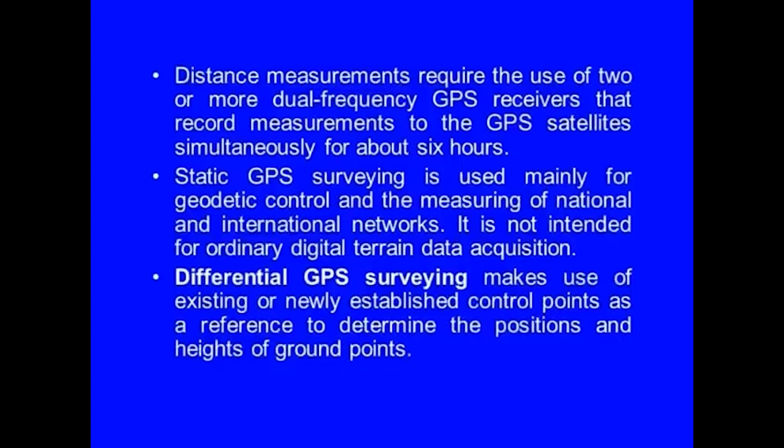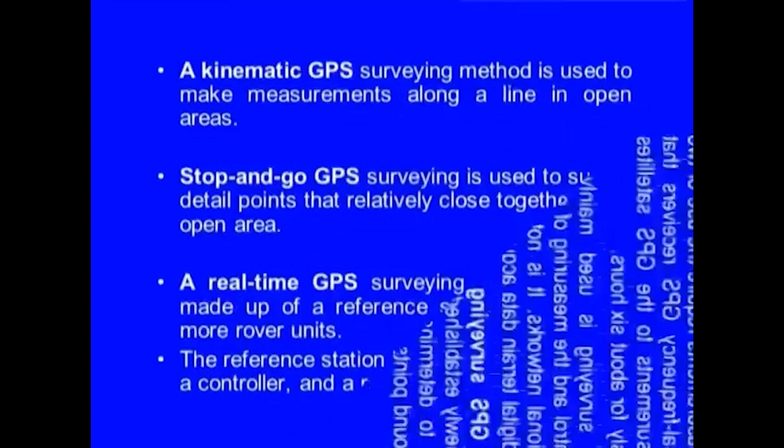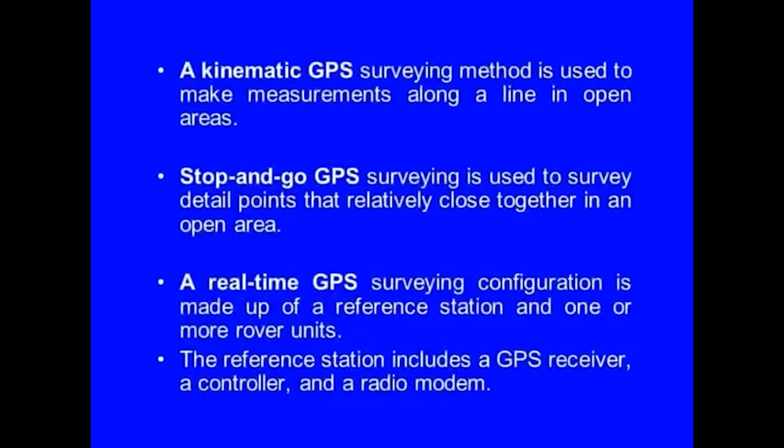Differential GPS surveying makes use of existing or newly established control points as a reference to determine the positions and heights of ground points. A kinematic GPS surveying method is used to make measurements along a line in open areas.